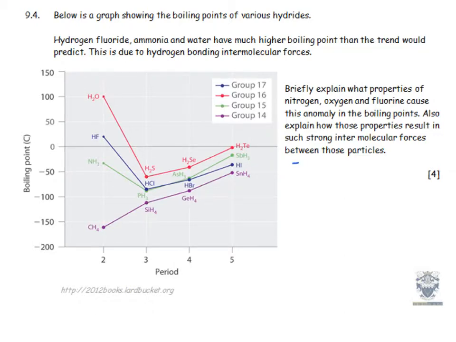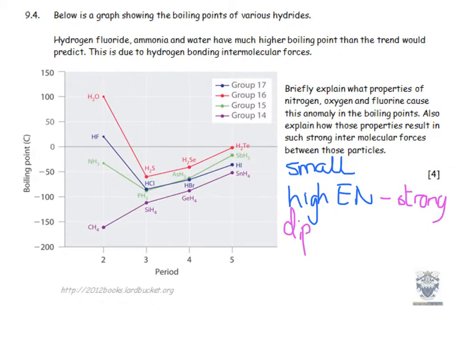You need to say that nitrogen, oxygen, and fluorine are small and that they have a high electronegativity. The high electronegativity means that they will have strong dipoles, and those strong dipoles cause strong intermolecular forces.